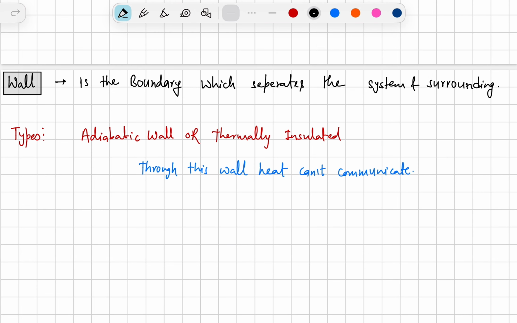Second type of the walls are conducting wall, or someone calls it diathermic wall.